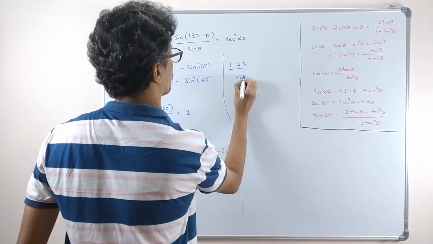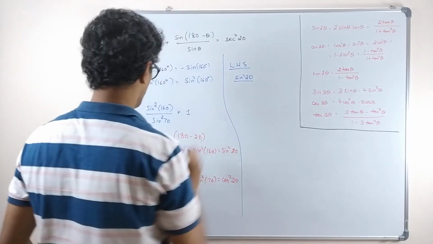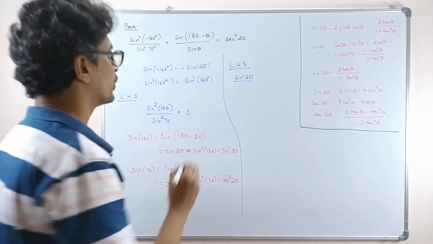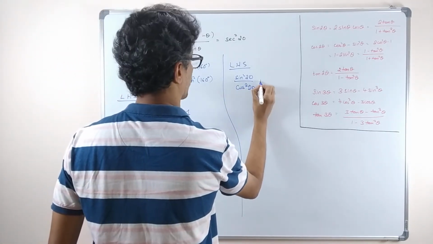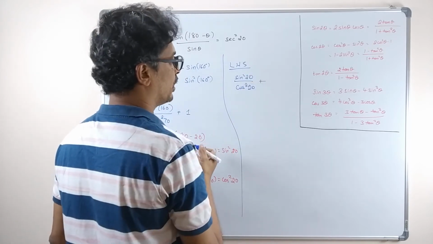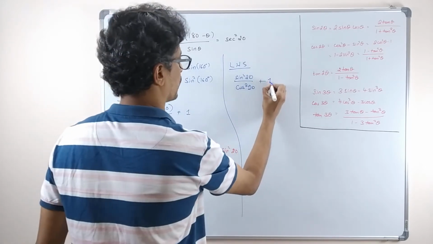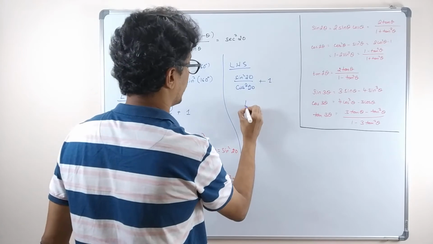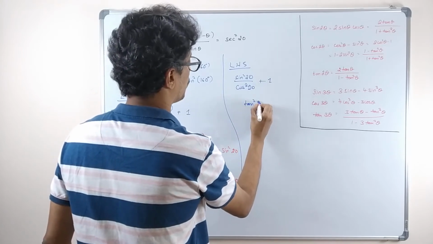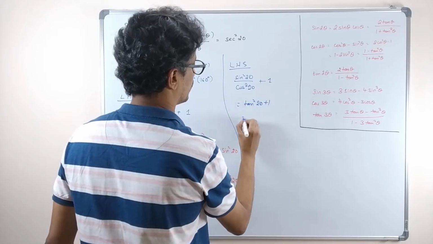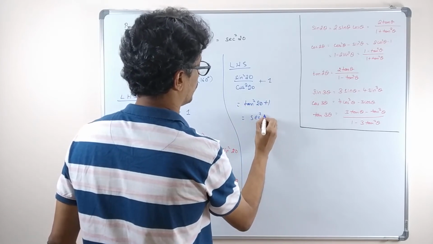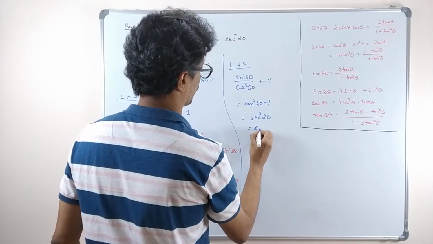Sine square 20 divided by sine square 70, which equals cos square 20, plus 1. This will be what? tan square 20 plus 1, and that is equal to sec square 20, and that is your RHS.